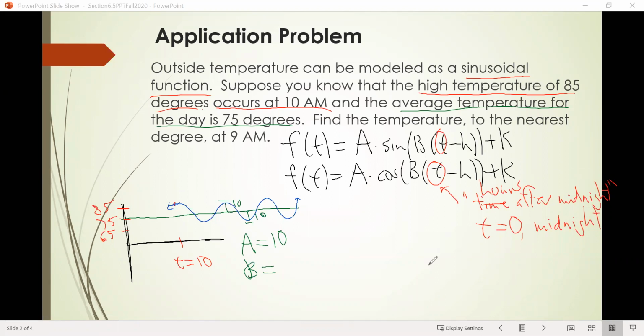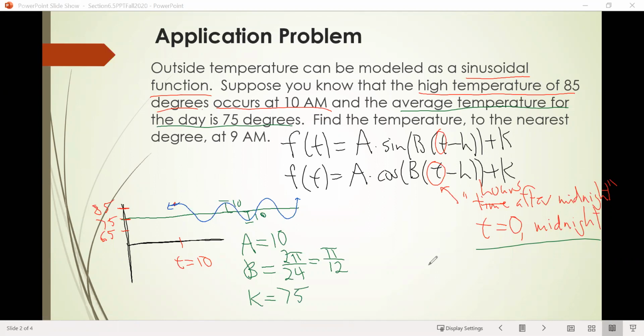What would the period be here? We're talking about hours after midnight, temperature throughout the day, so our period is going to be 24 hours, because it's looking at a full day. Thus, to find b, we do 2 pi over 24, which gives us pi over 12. We already know the value for the midline. That's the average, so that would be 75.